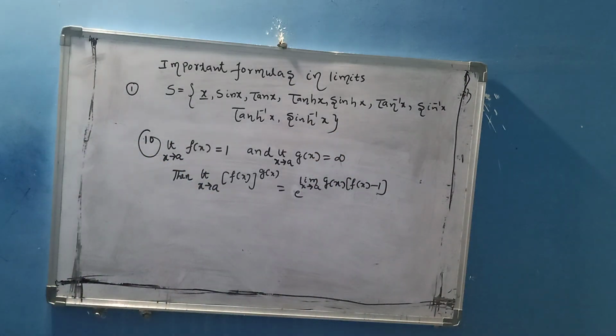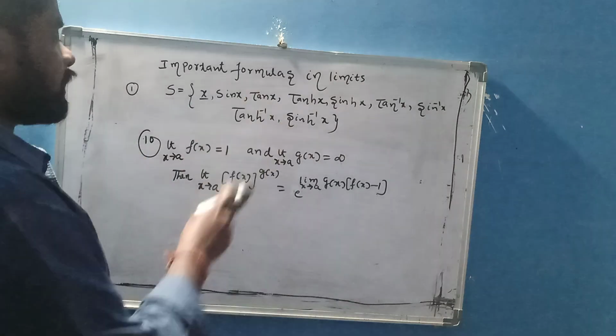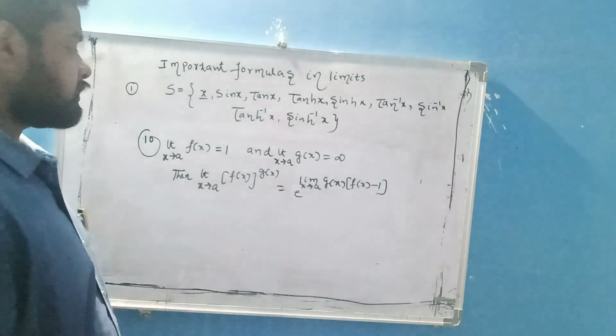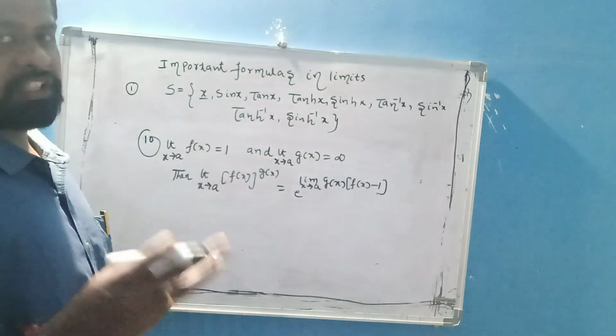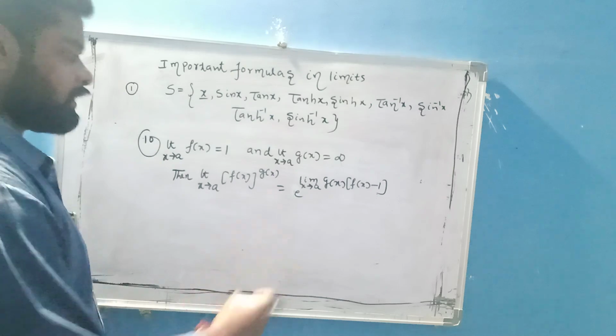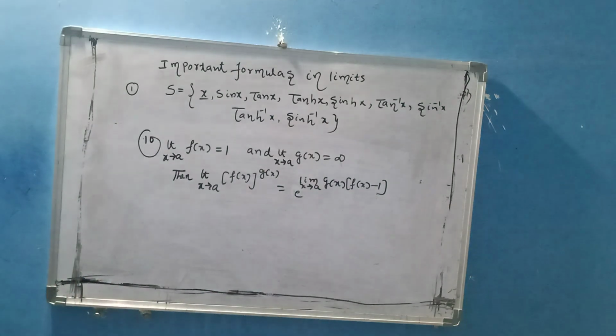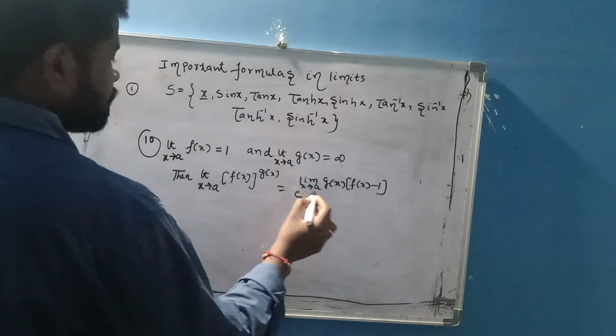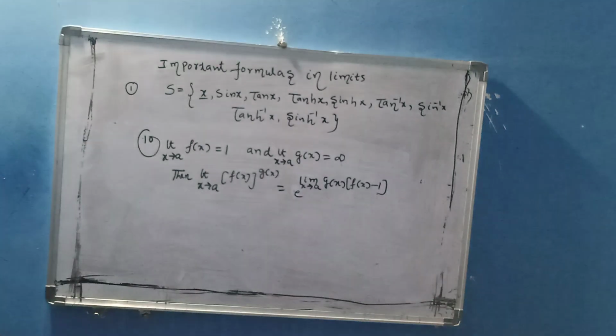By using this formula, what is the example? Very important formula. Almost in competitive exams, problems are given based on this formula. Please check any last 3, 4, 5 model papers. What is the example I will discuss? Limit x tends to a, f of x whole power g of x equal to e power limit x tends to a, g of x into (f of x minus 1).